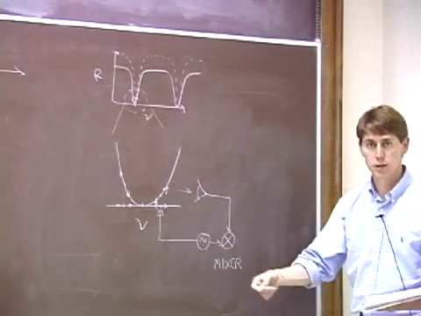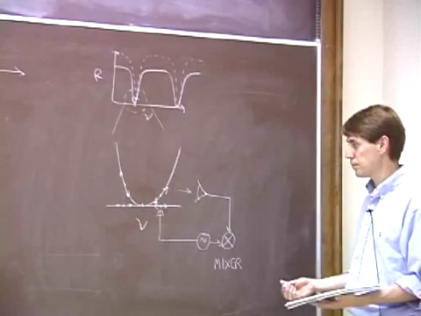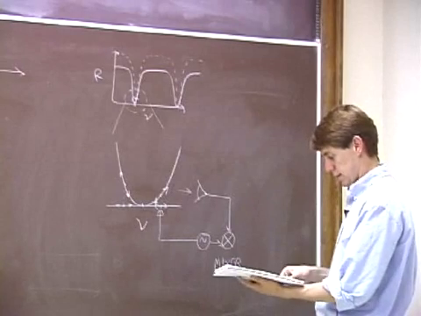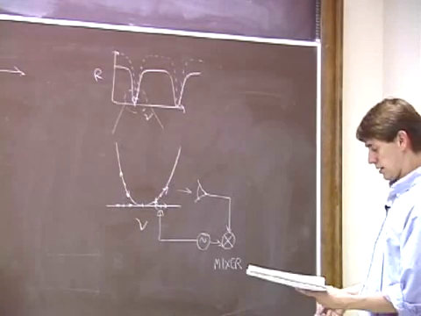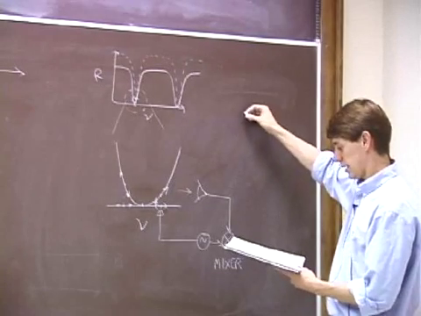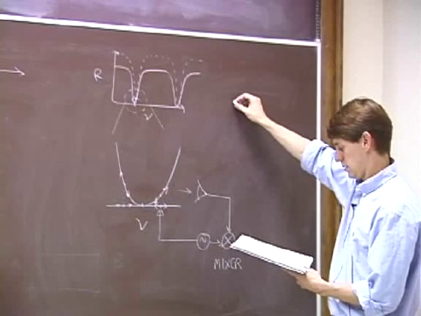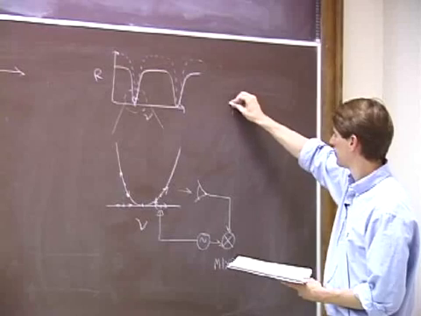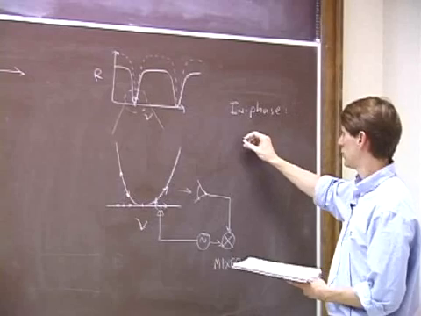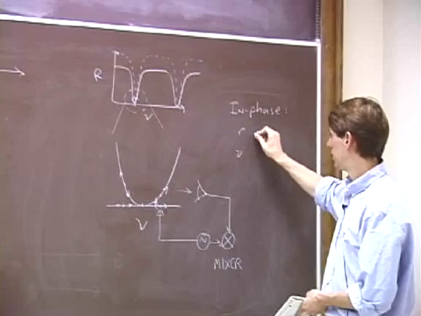A mixer is just a circuit element that multiplies two signals. That's it. So let me write down the separate cases here. In this case, when the frequency is high, in phase, we can write R and nu like this.